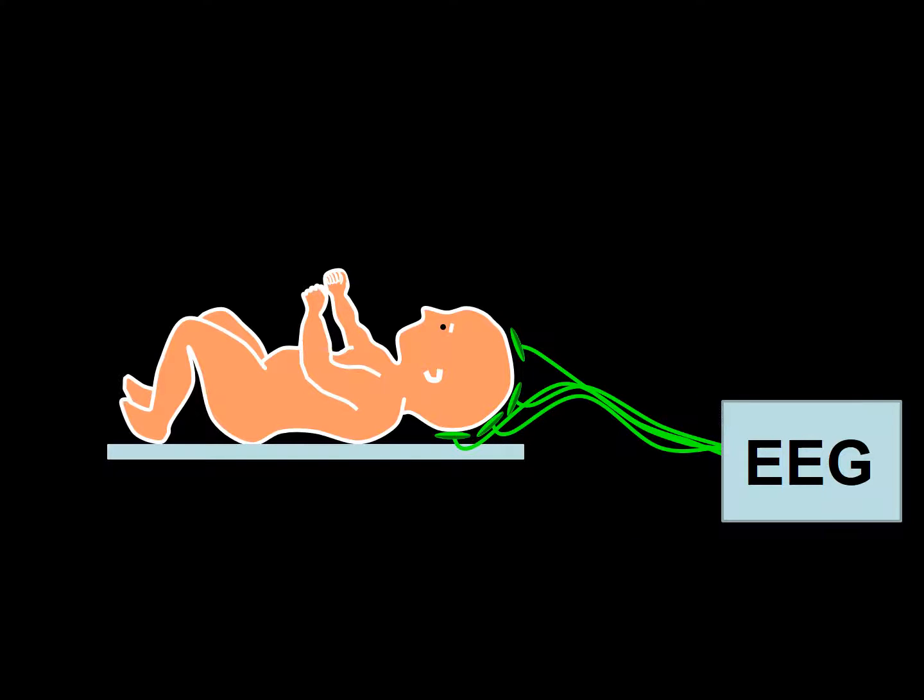If we bundle them together, they're going to be subject to the same magnitude of forces. And thanks to the differential amplifiers, whatever is the same will be rejected. So it is better to bundle all the electrode wires together as close to the head as possible than to allow them to go their separate ways to the EEG machine.